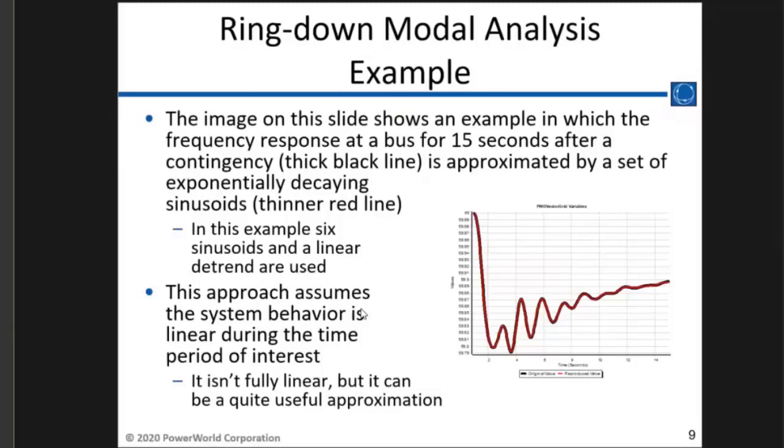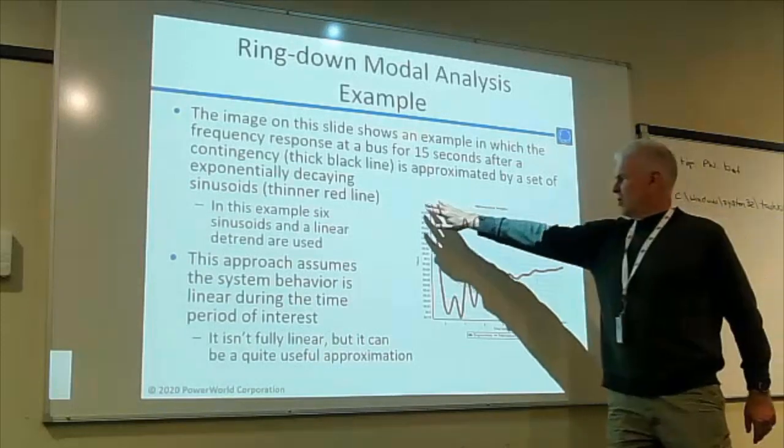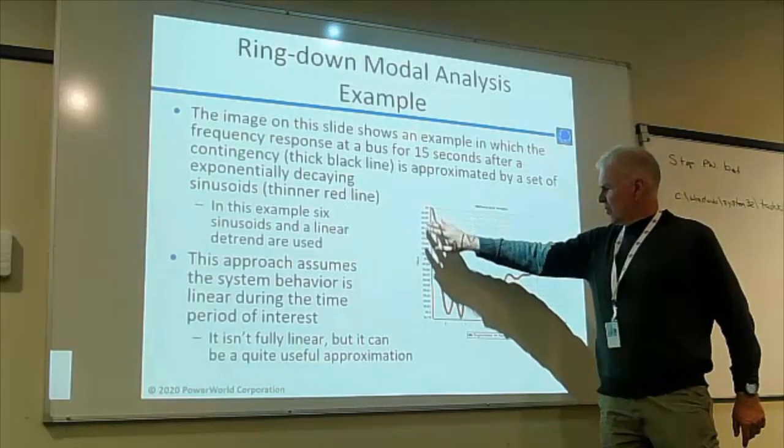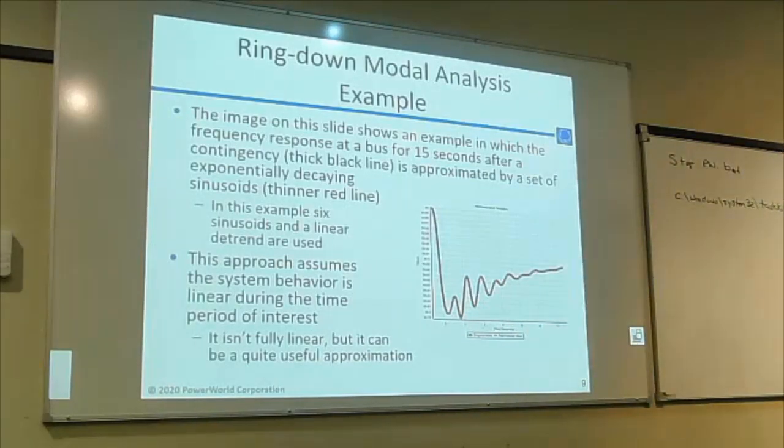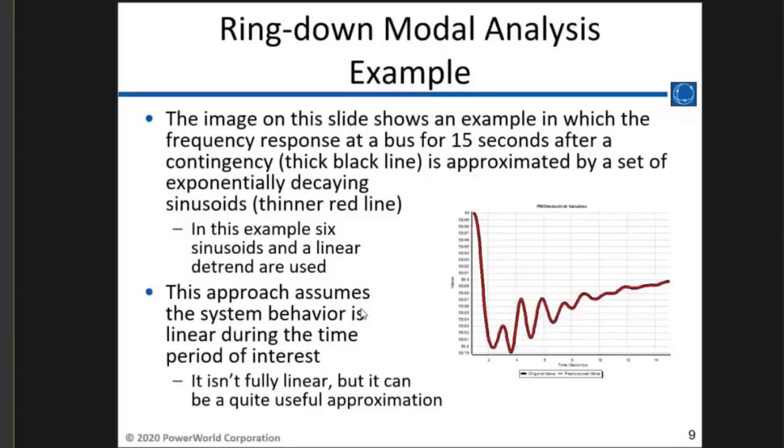So this is an example where you have a signal, kind of where we started, 60 hertz, it falls off, and then you get some recovery. And what we want to do is take the original signal, which here I've drawn in black, and create a reproduced signal, which is just the sum of these exponentially damped sinusoidals.